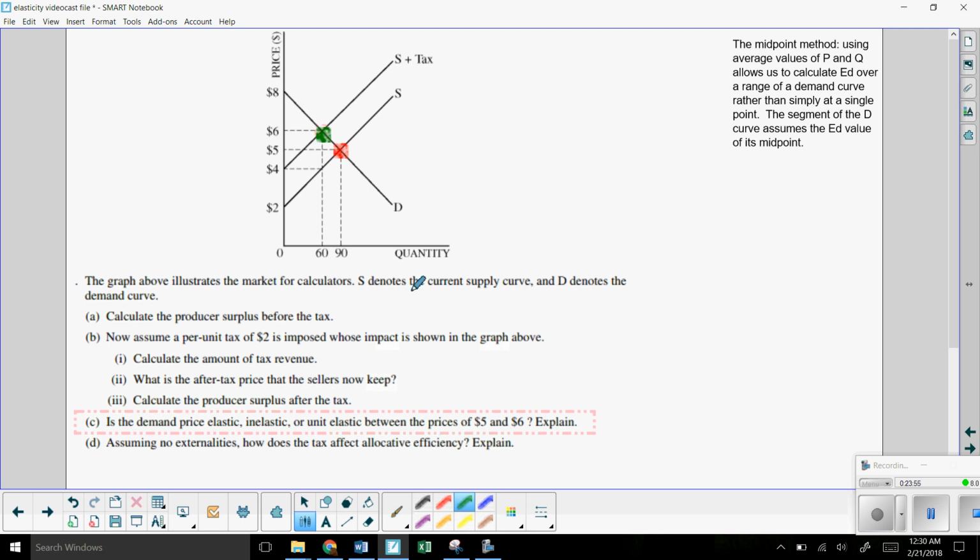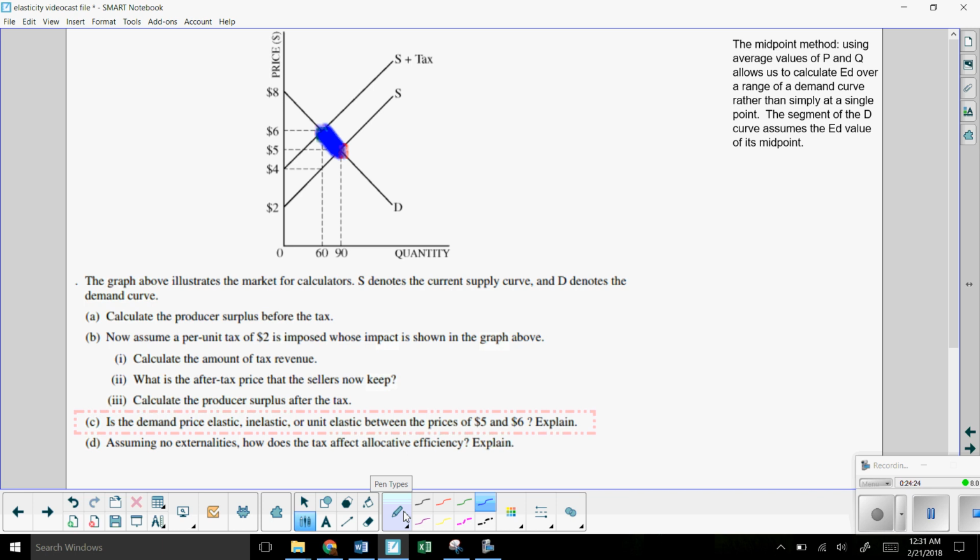Economists prefer a slightly better way of doing that for a range of the demand curve. And really, we're thinking about this blue section of the demand curve here. So based on this midpoint method we have over here, frequently we can think about defining the ed value for a range of the demand curve by saying it equals the midpoint.